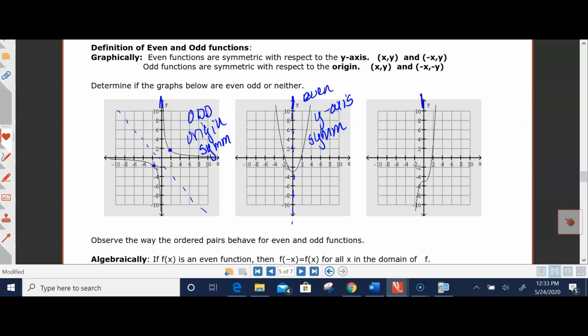And then looking at the last one, I'll look to see if it does the same thing across the origin. Nope. Across the y-axis. Nope. So this is neither. So even functions have their symmetry with respect to the y-axis. Odd functions have their symmetry across the origin.